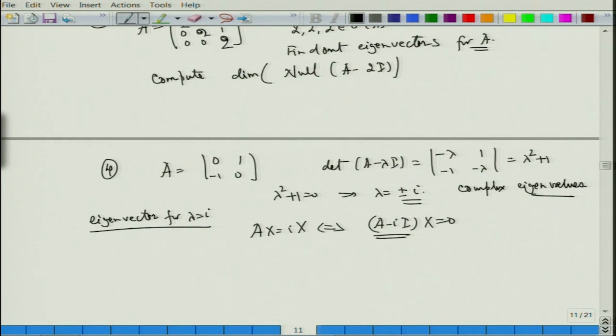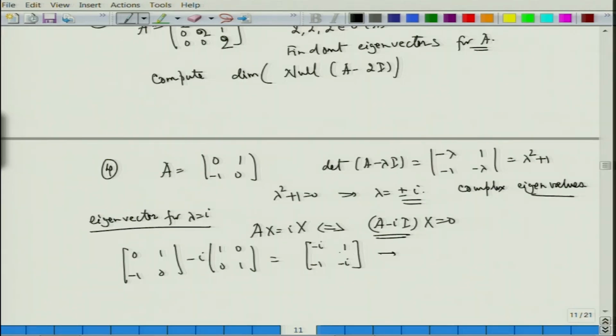So let us solve it for A minus this. A is this 0 1 minus 1 0 minus i times 1 0 0 1, which is same as minus i 1 minus 1 minus i. Fine. So I have to solve this system. So I will have to do the RREF of this.